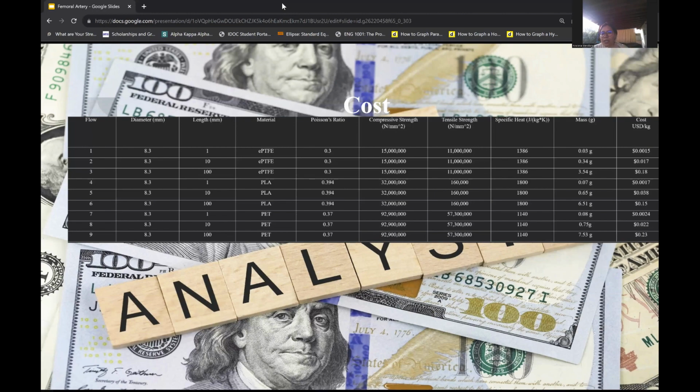Now, because I took the mass of each of the sizes, I'm going more for the total of the 100 millimeters because that's the most accurate when it comes to sizing. I got like 354 grams on the EPTFE, which gives me 18 cents.